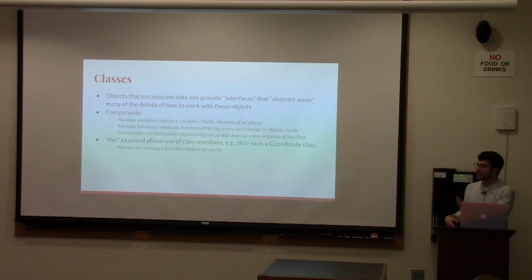I use these scare quotes when I say that objects encapsulate data and provide interfaces that abstract away details, because these are words that made no sense to me before I took CS here. What I mean is that in vector, for instance, which is a class, you have this interface of different methods that you can call, such as contains and insert and remove and size and clear.